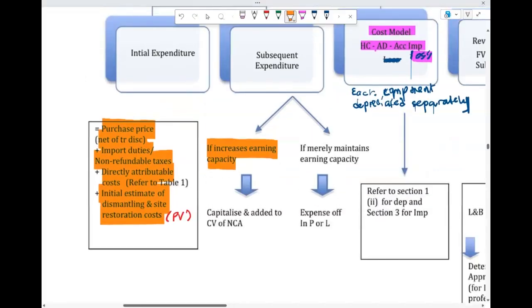Usually the improvements that will increase capacity are things like enhancements. All right, so the treatment for that is we should add it to your cost of your PPE, capitalize, and add it to the carrying amount of your PPE.